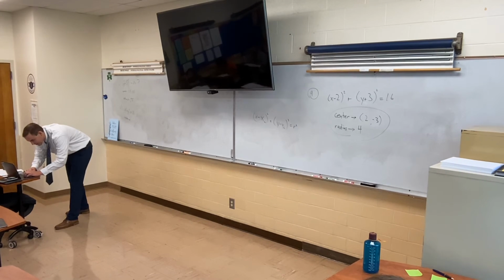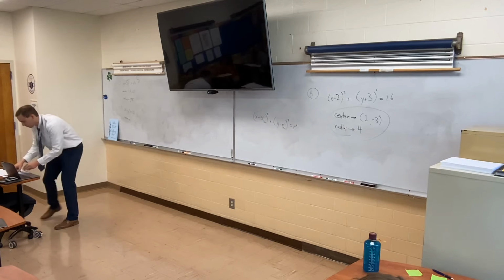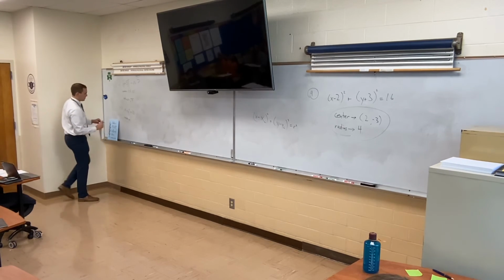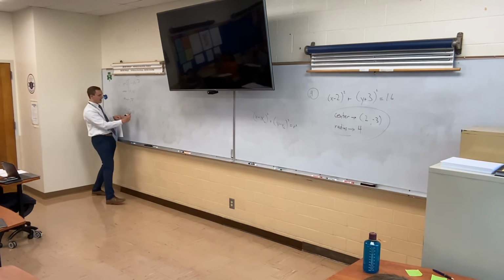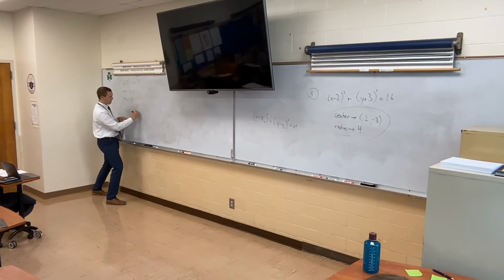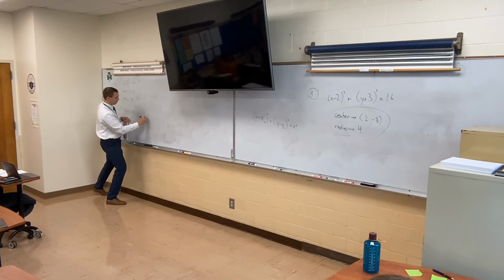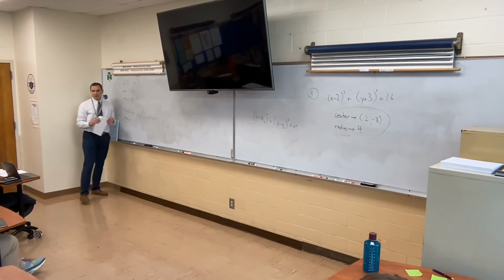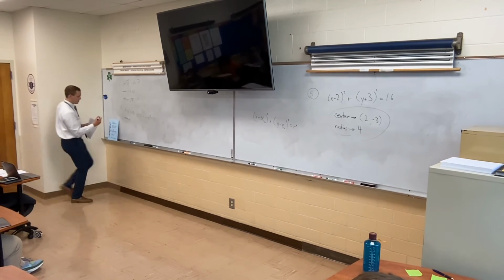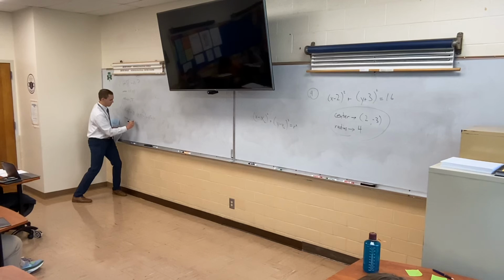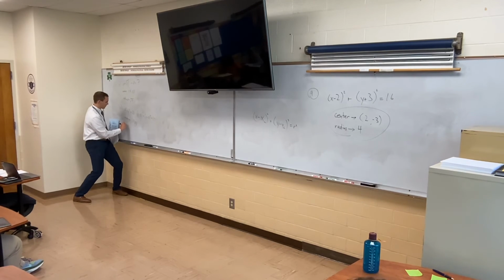It was just 7 before, so this is the same. This is the same as writing (x - 0)² + (y - 0)². So what's my center? (0, 0). What's my radius? Square root of 10. The radius is the square root of 10.